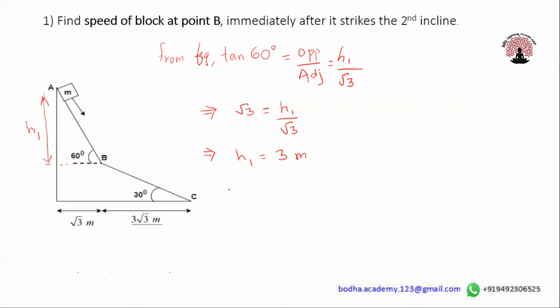After finding this, we'll find the velocity at point B. Velocity at point B, we can write as Vb is equal to under root 2g h1. That equals under root 2 into 10 into 3, since g is given as 10 and h1 we got as 3.